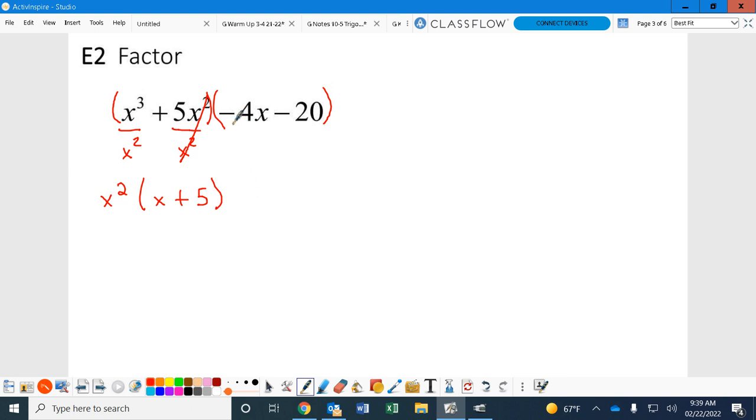For this next one, I already told you, if it's positive, positive, and the second one is negative, negative, you're going to have to divide by a negative on both of them to turn it into a positive, positive. You want them to match, guys. You want the signs to match. What number goes into 4 and into 20? 4, and so we're going to do negative 4 underneath each one of them. Guys, that means when I write it down here, instead of writing plus 4, I'm now going to write minus 4.